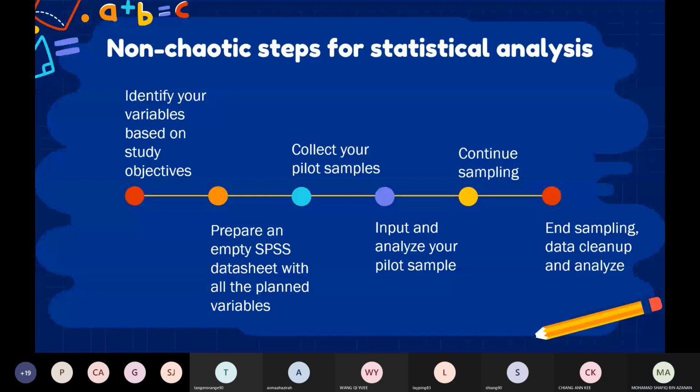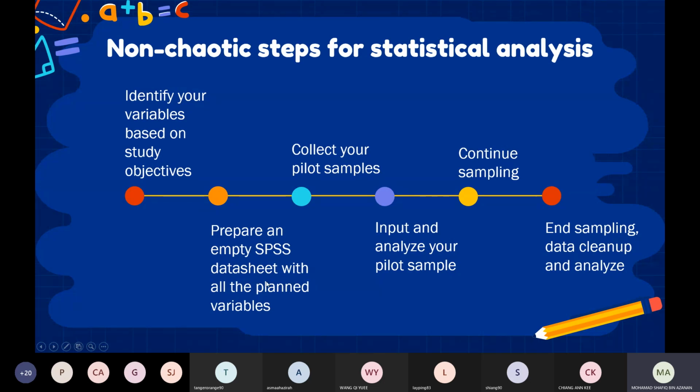Then, and this is optional but good practice, you prepare an empty SPSS data sheet with all the planned variables based on the objectives, even before you collect your sample. Since during your proposal you will already have your data collection sheet, you can translate it into SPSS straight away. Then it will be easier later on.